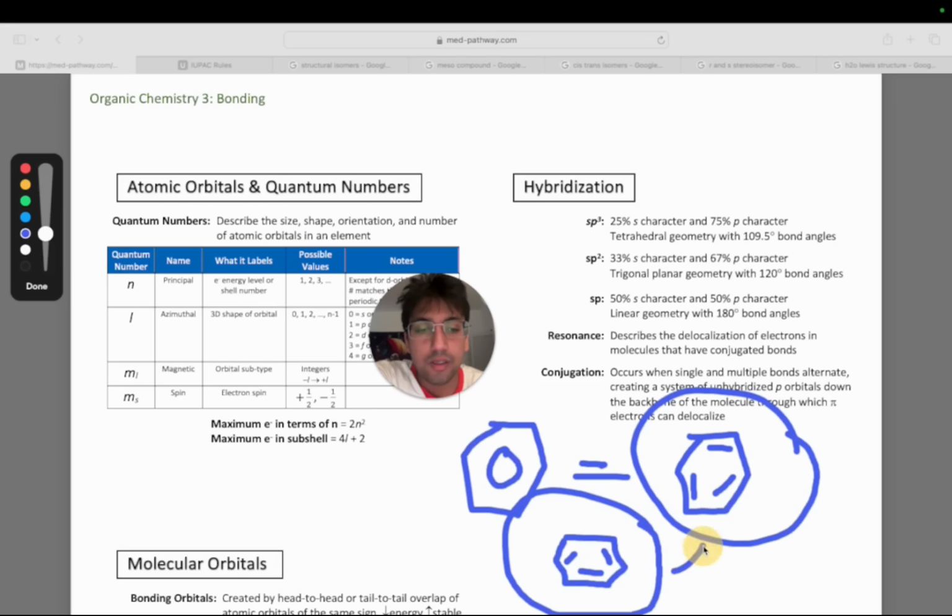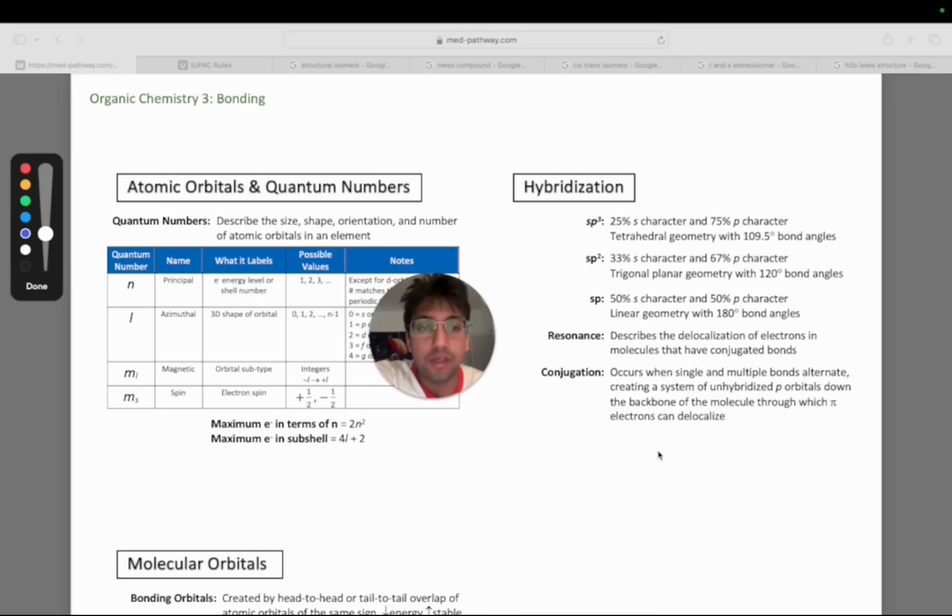Because these electrons like to bounce around and be shared among all the 6 carbons. So what does that mean? That is basically what we'd refer to as resonance. It's a characteristic of organic chemistry that electrons in conjugated bonds like to be delocalized if possible. Then this goes into conjugation.